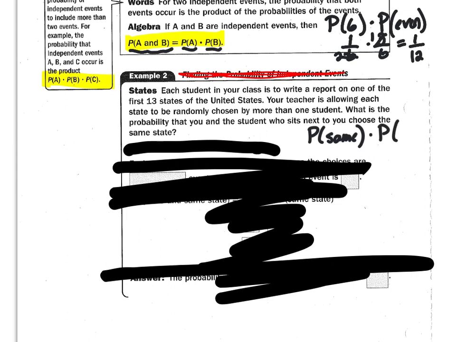We can get more than one kid getting the same one. So the probability of the same, I get 1 out of 13 times the probability that my neighbor gets it is 1 out of 13. So we have a 1 out of 169 chance that we both get the same state.